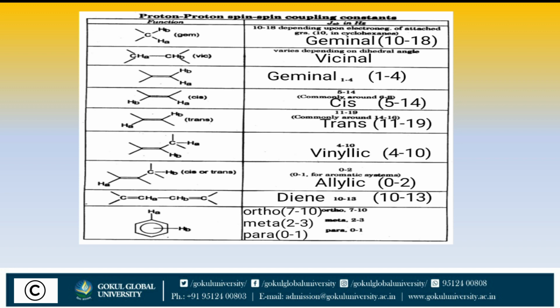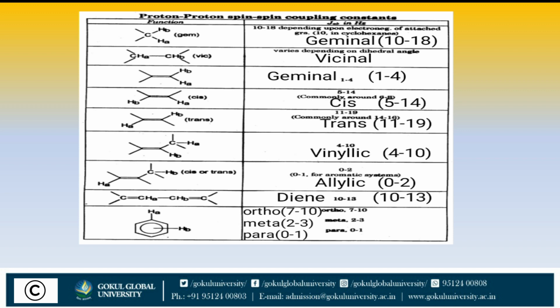Proton spin coupling constants. Here HA and HB geminal is 10 to 18, and vicinal has a value, and geminal is 1 to 4, cis is 5 to 14, trans has 11 to 19.